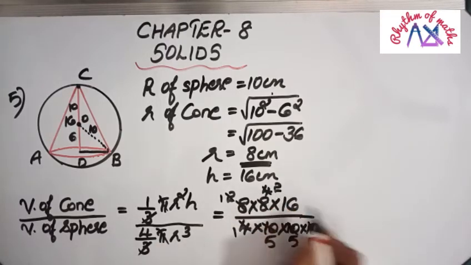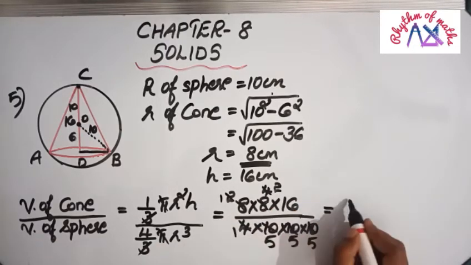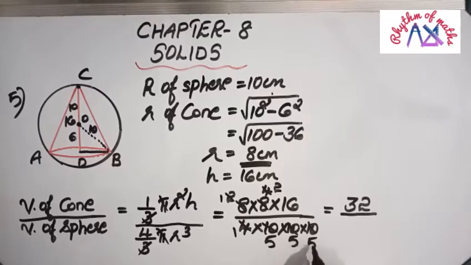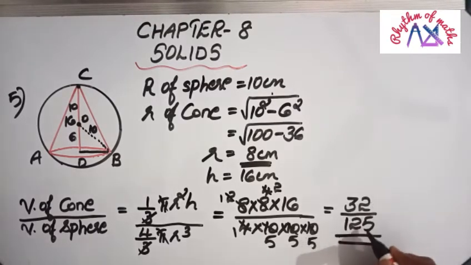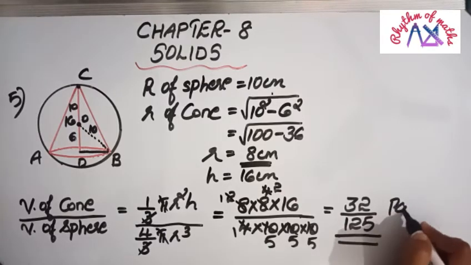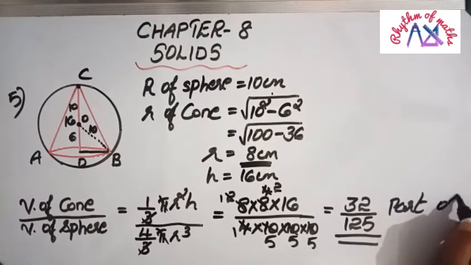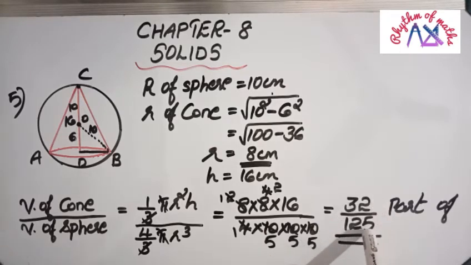That means the remaining answer is 2 into 16, that is 32, divided by 5 into 5 into 5. 5 5s are 25, 25 into 5, 125. That means 32 by 125 part. So volume of cone is equal to 32 by 125 part of volume of sphere. This is the fifth one's answer.